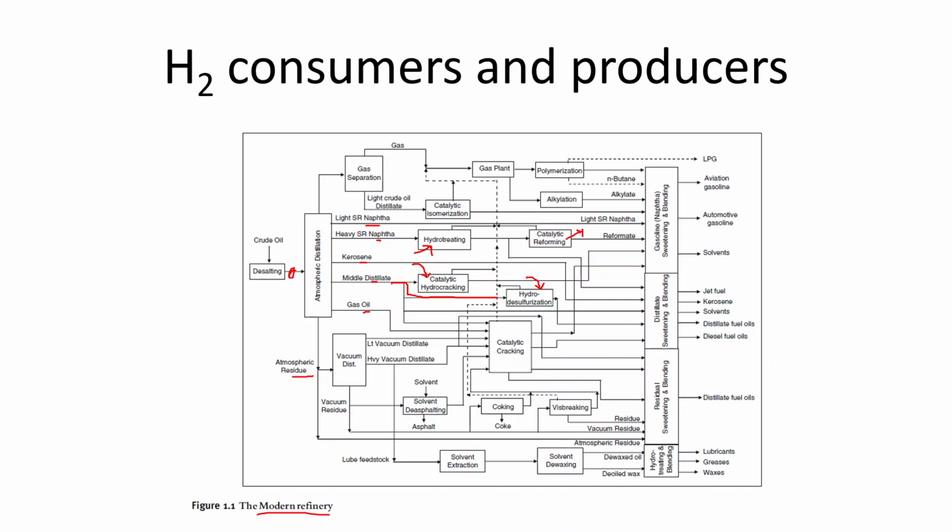What's not typically seen is a hydrogen plant somewhere, where hydrogen is produced via steam reforming of methane. We'll go to that. Up until here, these are the typical locations and typical usage of hydrogen. We call them hydrogen consumers and productions.